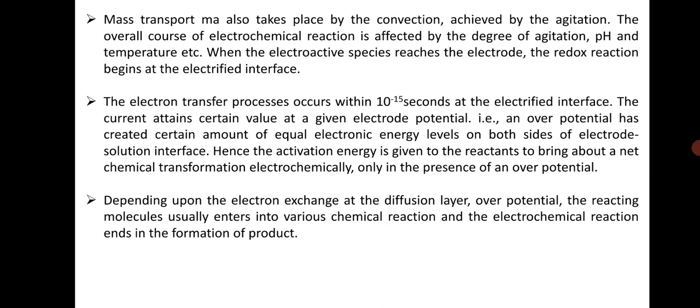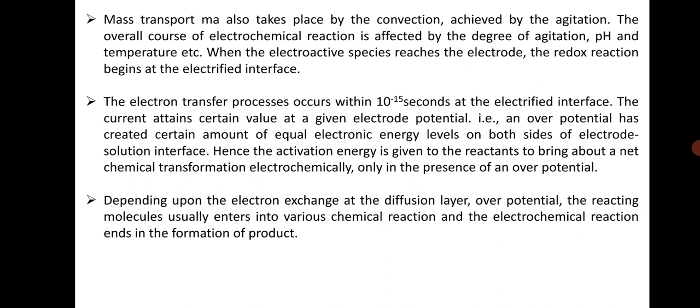So the factors which affect the reaction are the degree of agitation, pH, temperature, and the applied current or potential. Okay, this electron transfer process at the electrified interface takes place within 10 to the power minus 15 seconds. So in this short time the electron exchange process occurs.